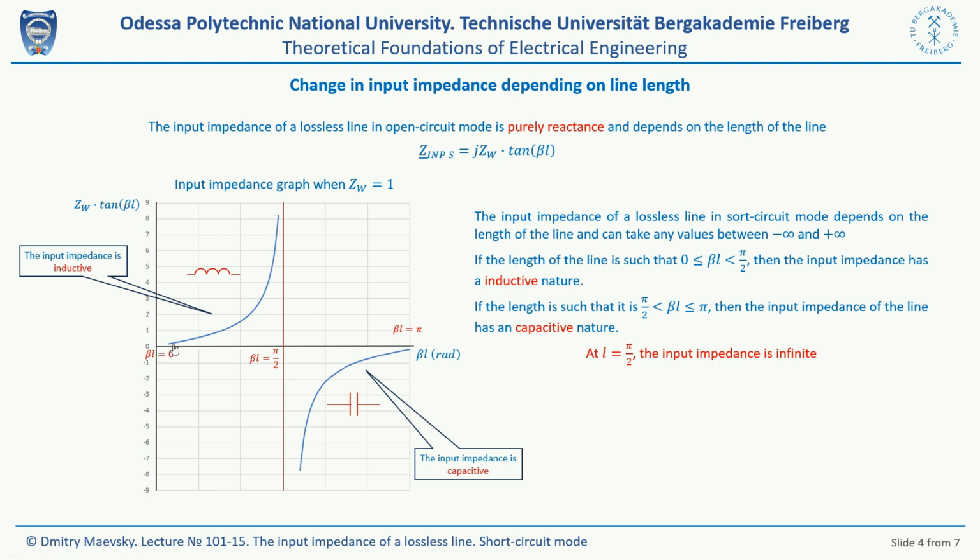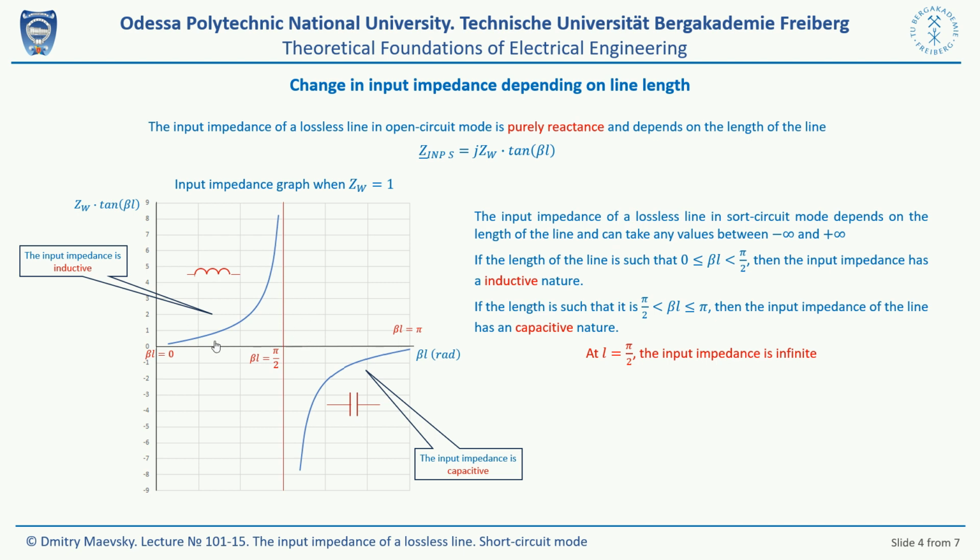As the length of the line increases, the input impedance becomes positive and increases, reaching an infinitely large positive value at half of pi. This implies that the line is equivalent to an inductor with arbitrary, even infinitely large inductance within this range.